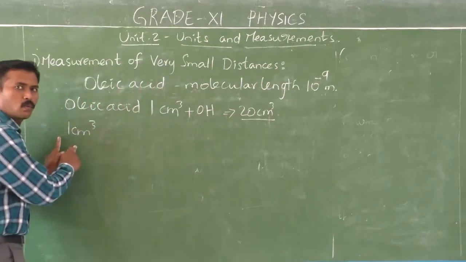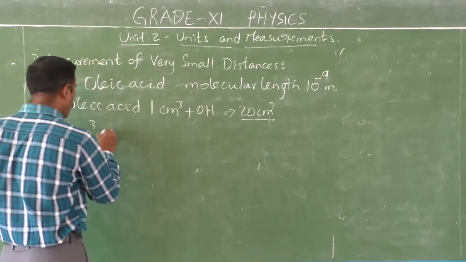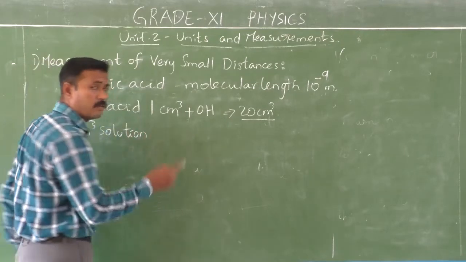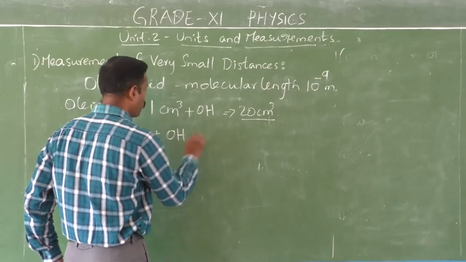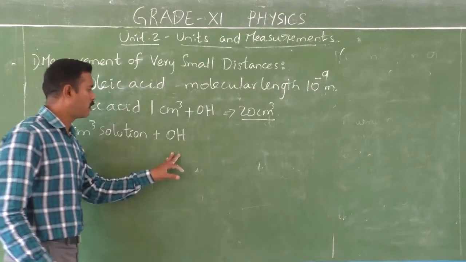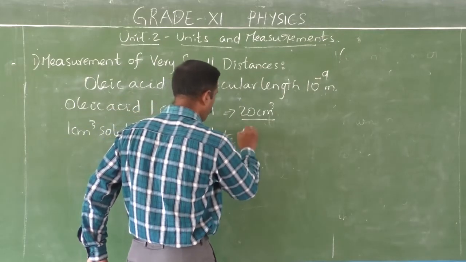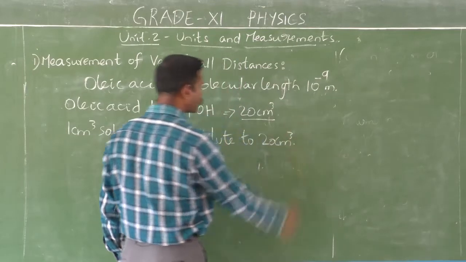I take again 1 centimeter cube solution and mix it with alcohol, and dilute it to 20 centimeter cube.